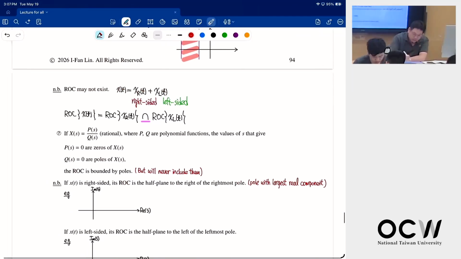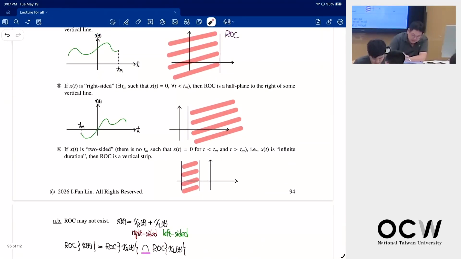We learned that for the right-sided, it is the vertical line and to the right, the half plane.